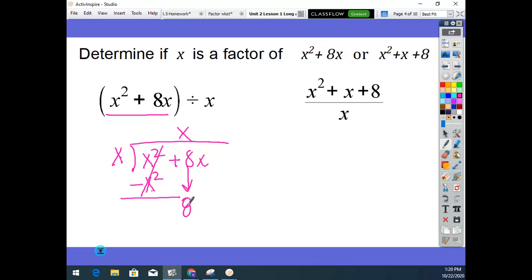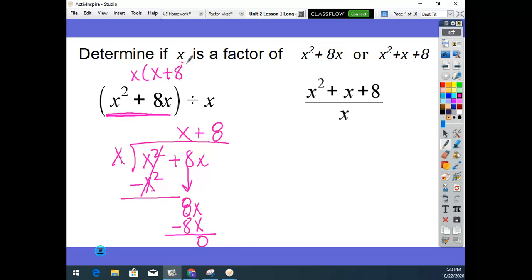Bring down 8x. X times what? You could also think of it that way. X times what is 8x? 8. 8 times x is 8x. When we subtract, we get a remainder of 0. So we know that x is a factor of this quantity because x times x plus 8 equals x squared plus 8x.